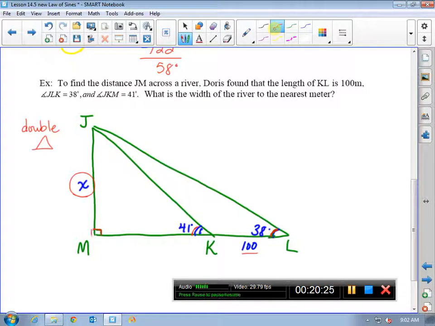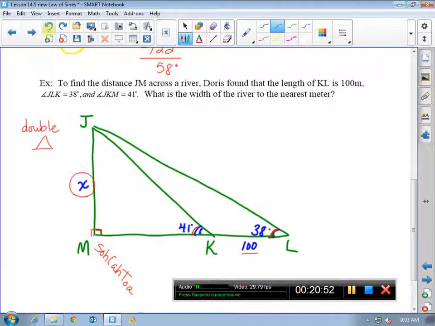So we actually have some right angles, and remember that we can use SOHCAHTOA, just simple ratios if we have a right triangle. But in this triangle out here, I do not have a right triangle, so I'm going to have to think about that one a little more and probably use, in this case, the law of sines.